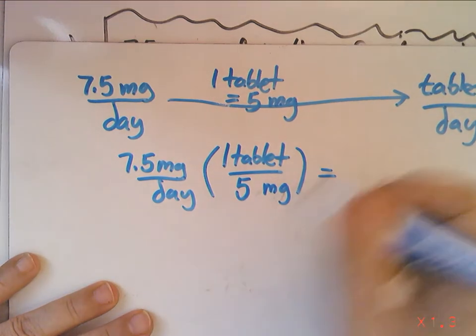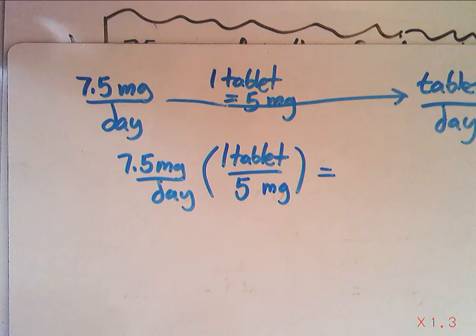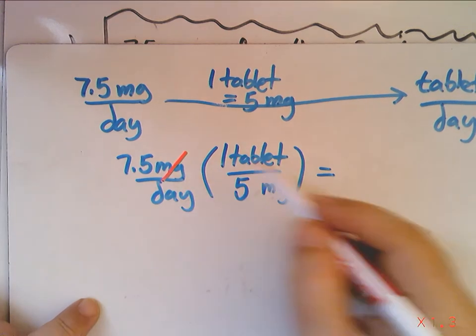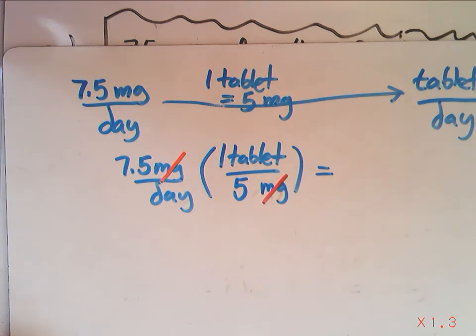And that's it. How do I know that's it? Because if I do my dimensional analysis, which is just looking at which units cancel and which units are left, I've got the milligrams canceling out, and I'm left with tablets per day, which is what I was after in the first place.